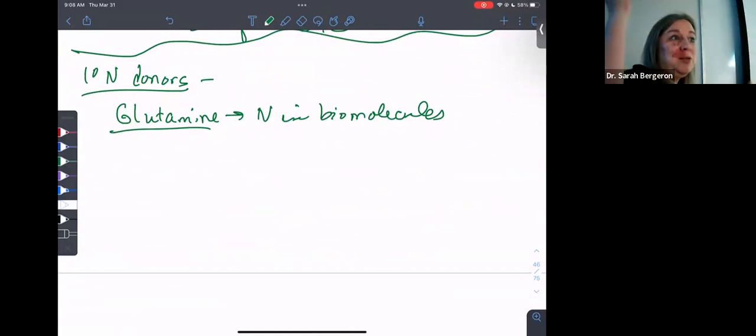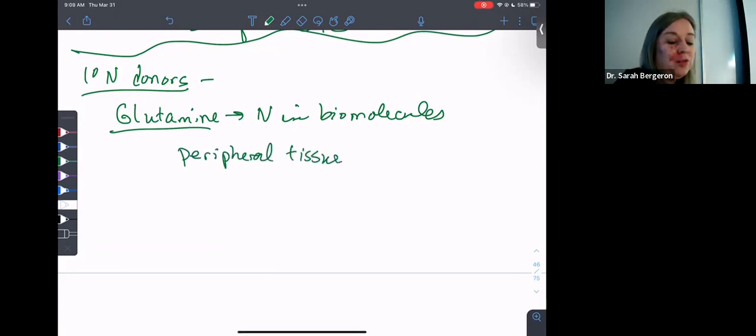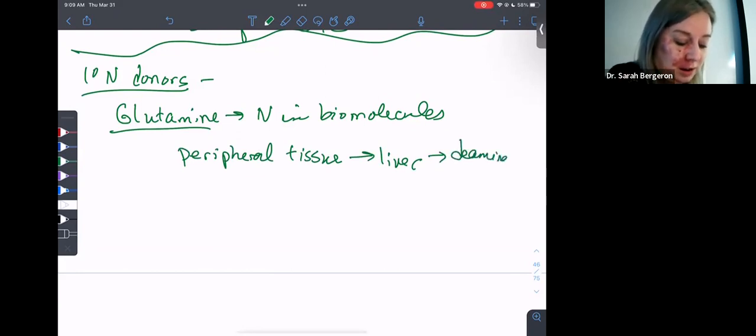I don't know what I'm doing with my hands today, but they're everywhere. Our scientific term for everywhere is peripheral tissue. And where does it go from the peripheral tissue? To the liver. And then once it gets to the liver, what do we do with it? We deaminate it, right?